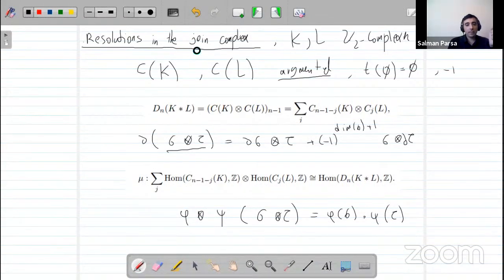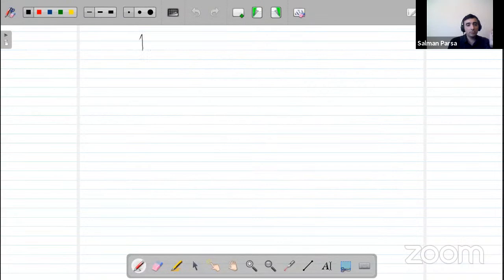So what is the one of K join L? Each of these K and L are now themselves Z2 complexes.